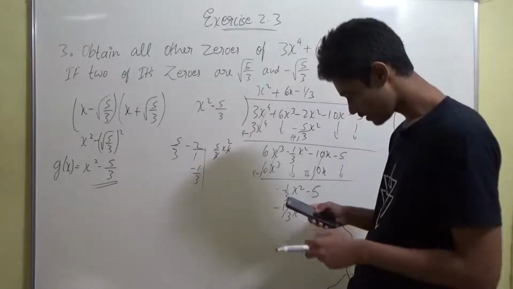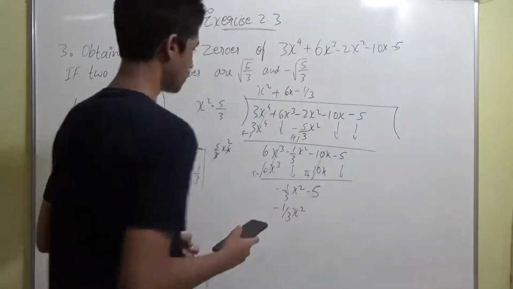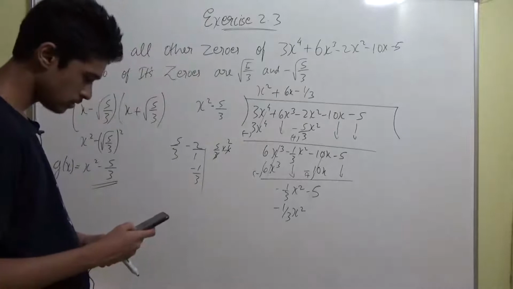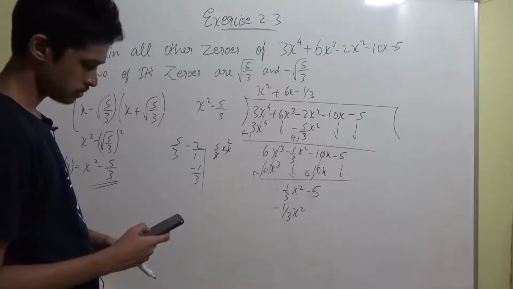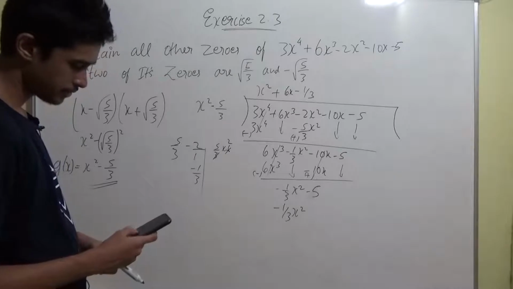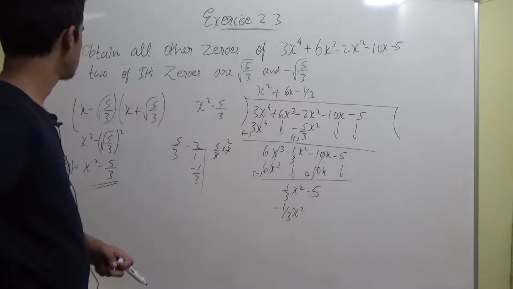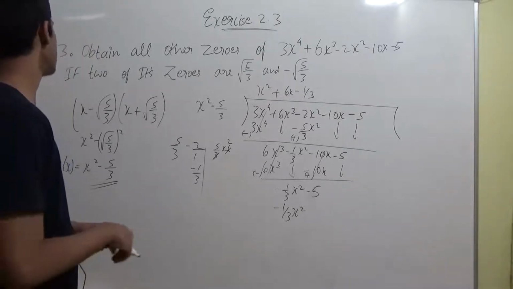If I see the question, it is (10x minus 5). The question is correct. A square minus b square, right?